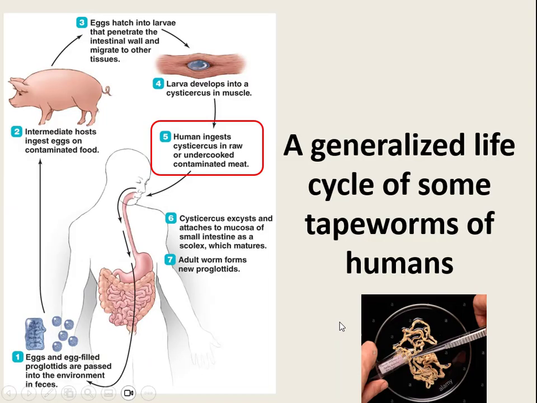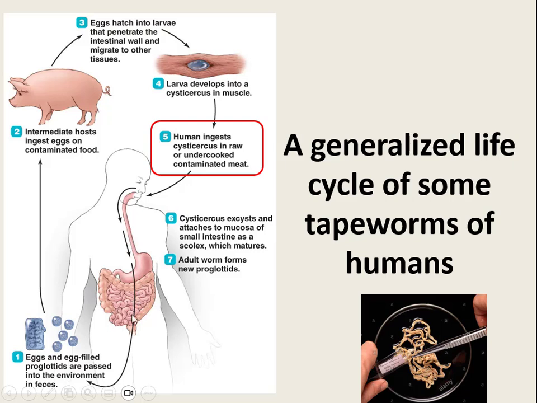Now, a generalized life cycle of a tapeworm. We're using the pork tapeworm as our generalized one on this diagram. We eat undercooked meat, and in that meat is the larva stage of the tapeworm. Once we eat it, it releases itself, it grows, and then attaches that scolex head into our intestinal tract.